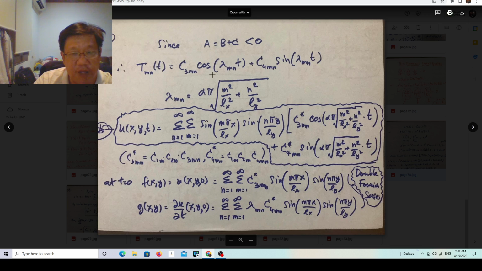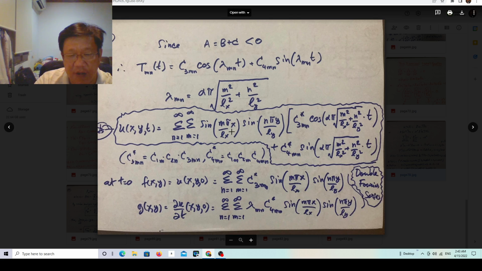So this is the general solution form. And lambda of mn, you can see that you're familiar with this from the Laplace equation. It's really similar to what we analyzed before for the Laplace equation case, or even the two-dimensional heat equation. So you get it.